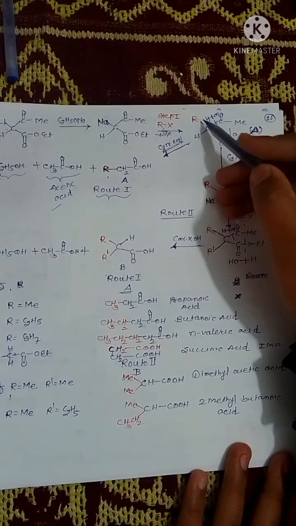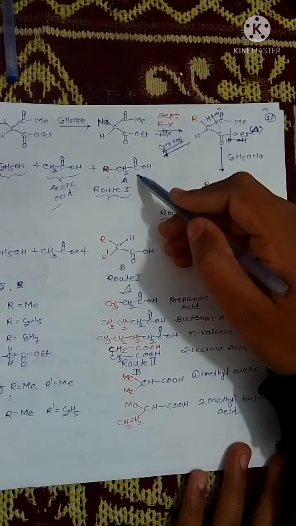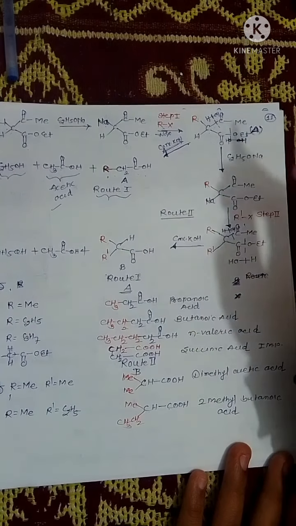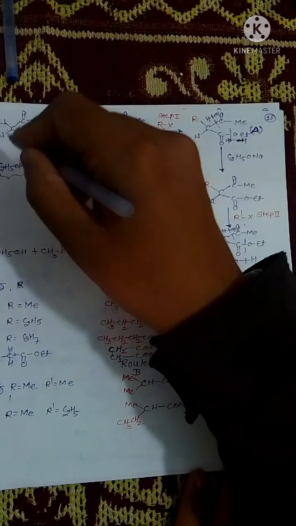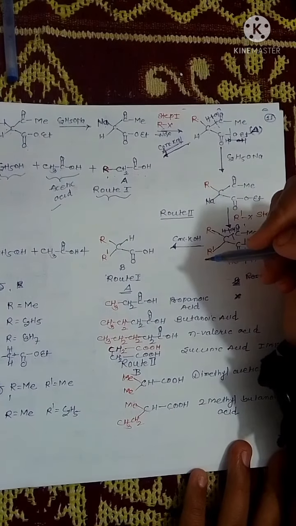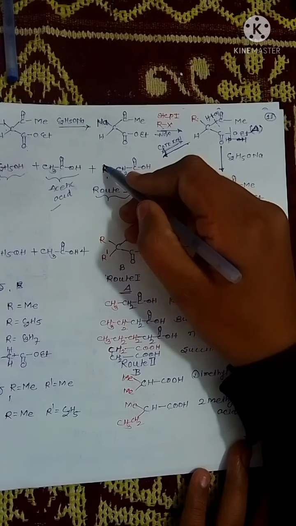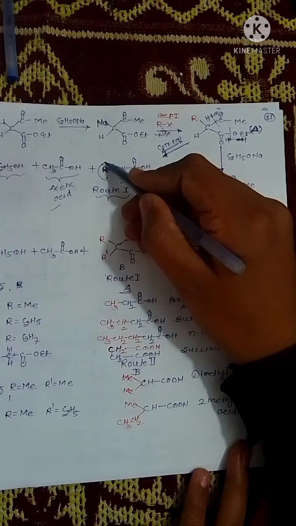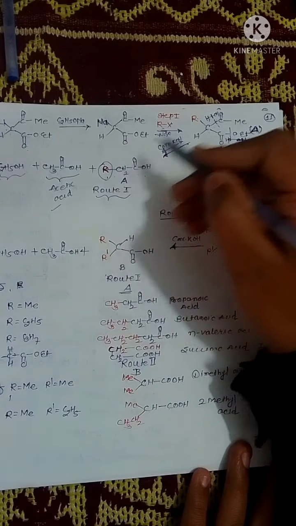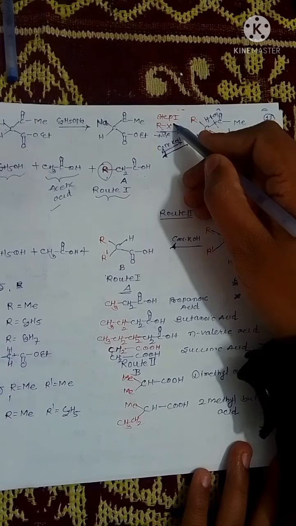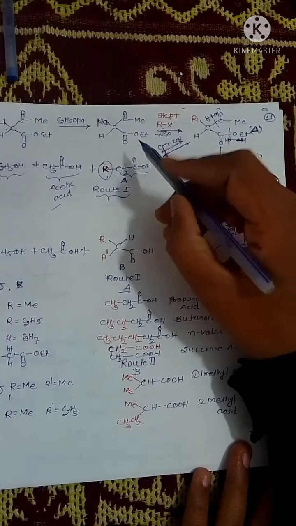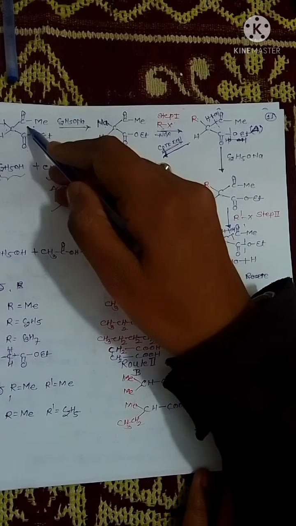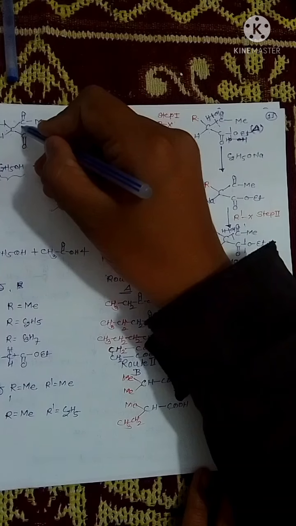So we come to RCH2 C double bond OH. So in this overall reaction route number 1, what is the important thing? Just see here, this R is basically coming from your reagent, while this part CH2COOH is basically coming from your acetoacetic ester from this side.